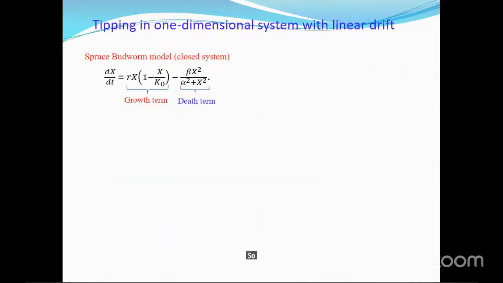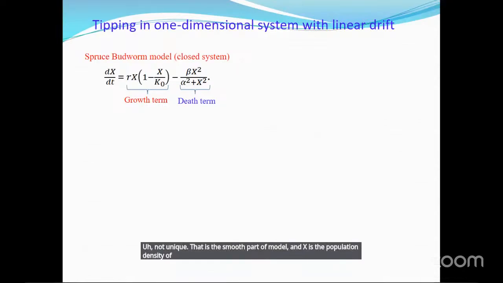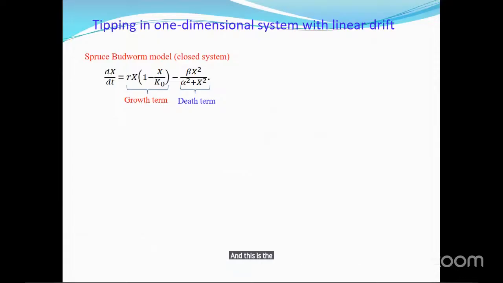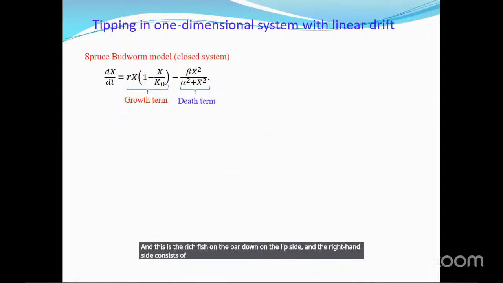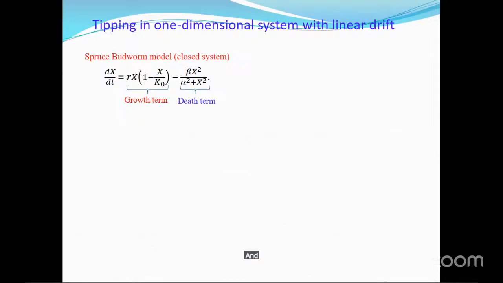So we start with the one-dimensional system. We consider the celebrated model proposed by Ludwig, that is the spruce budworm model, where x is the population density of budworm, and this is the rate of change of budworm on the left side, and the right-hand side consists of two terms. One is the growth term, and budworm grows logistically with intrinsic growth rate r and carrying capacity K naught.